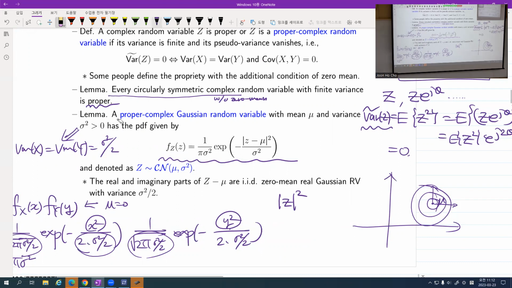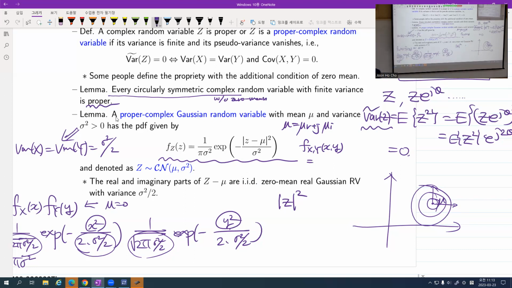So you may write the mean, the complex number, as mu sub r plus j times mu sub I. Here mu sub r and mu sub I are the mean values of the real and imaginary parts. Then what happens? Your real part and imaginary part have the joint density, what? You remember uncorrelatedness given jointly Gaussian random variables is equivalent to independence, right?